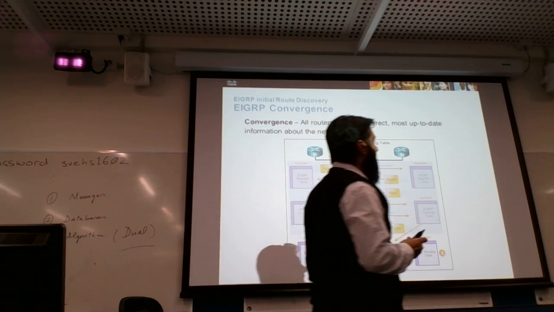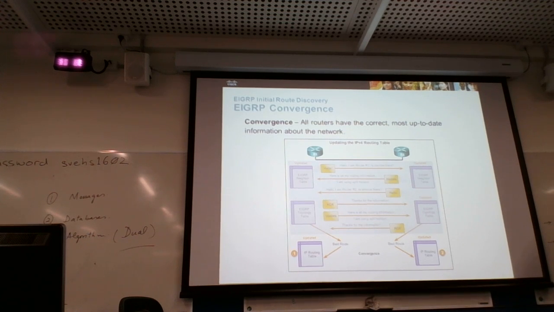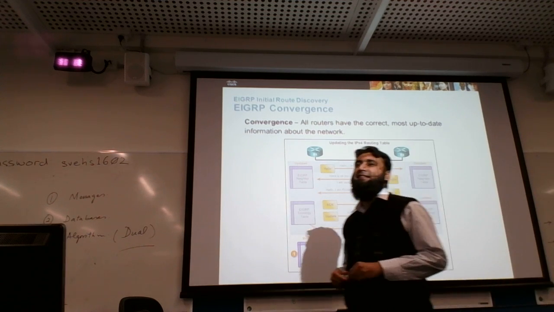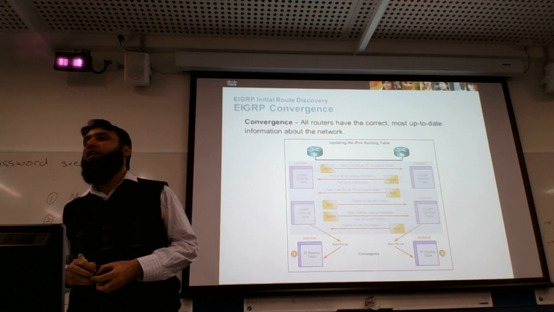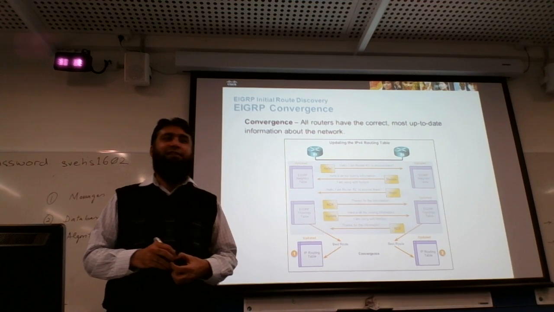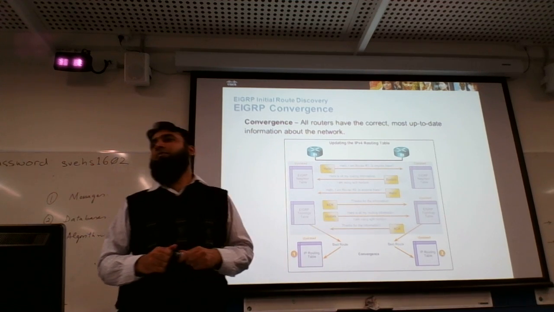Best is called, in EIGRP terminology, a successor, and second best is called a feasible successor, and the successor will be promoted to the routing table.